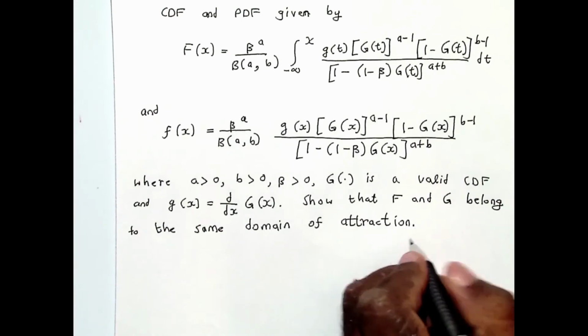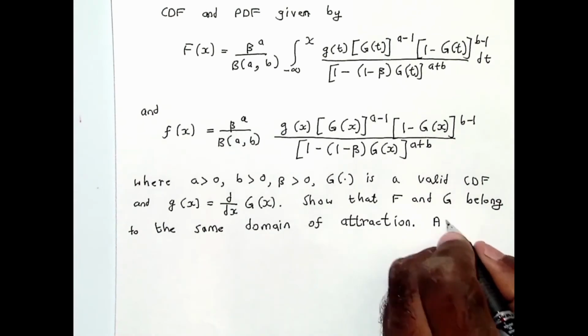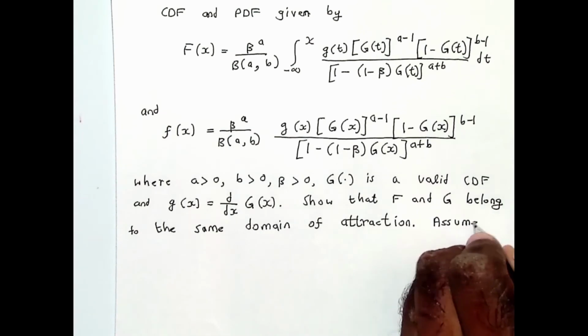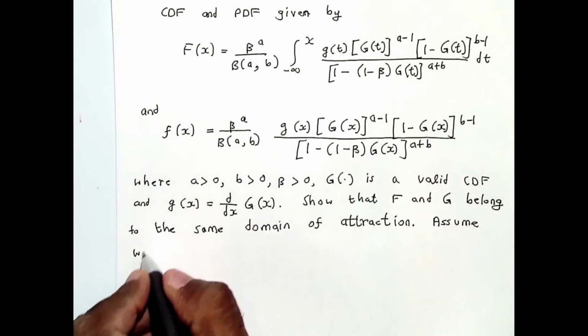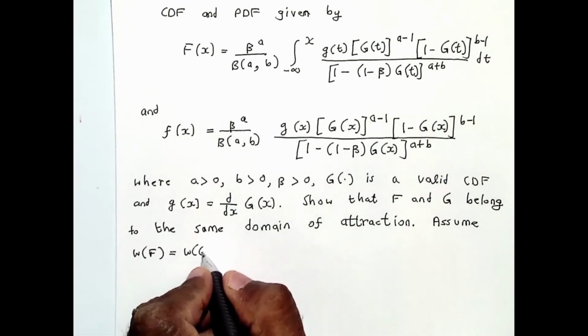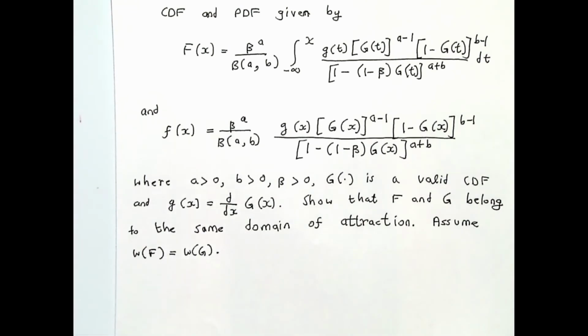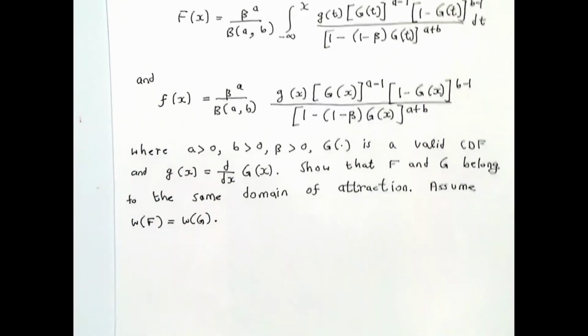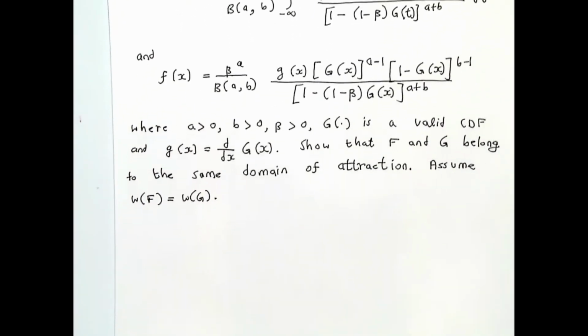Okay, and once again I'm going to assume that the upper end point of F and the upper end point of G are equal. All right, as in the previous question, we need to show three things.